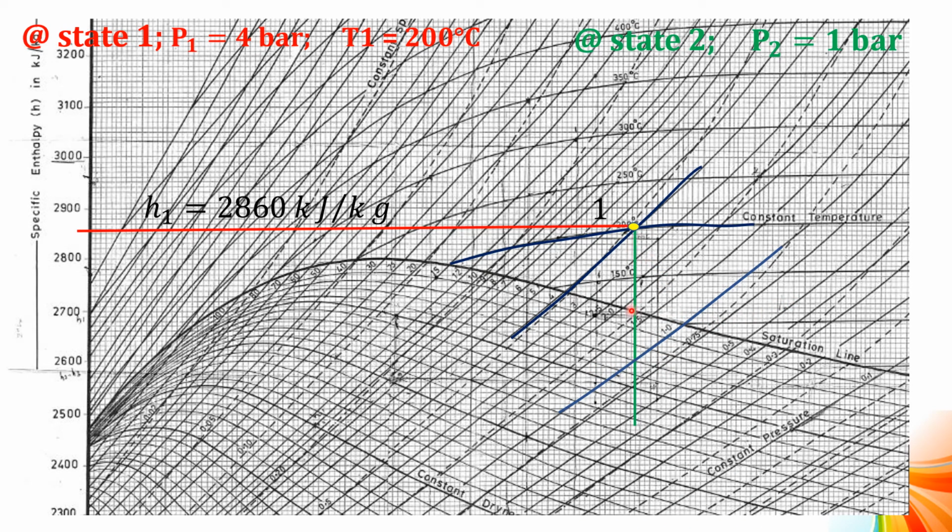The 1 bar line and the vertical line are intersecting at this point. At this point we mark the point as 2. From point 2 we draw a horizontal line towards the y-axis. From the y-axis we measure the value of specific enthalpy, H2 equal to 2595 kilojoule per kilogram.